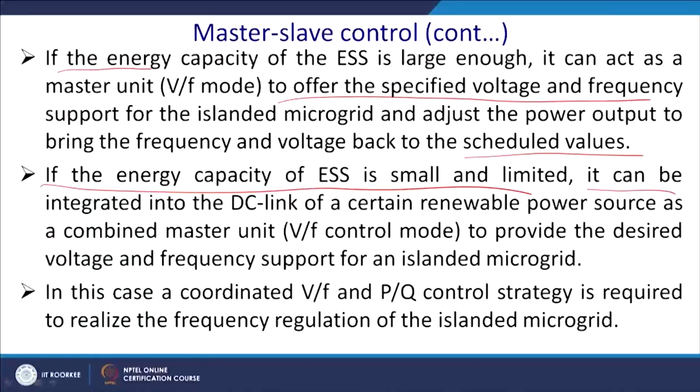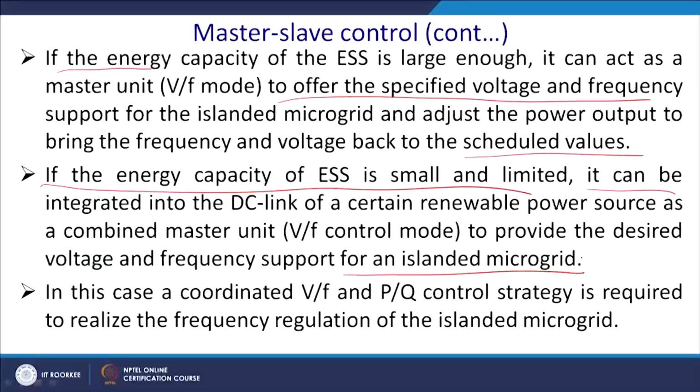If the energy capacity of ESS is small and limited, which generally will be a practical problem, it can be integrated with a decoupled renewable source, such as the combined master unit of V/F control, to provide the desired voltage and frequency support for an islanding mode.